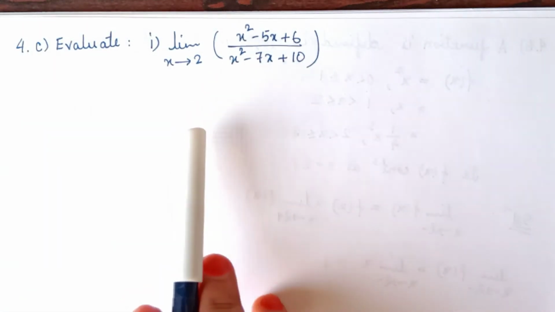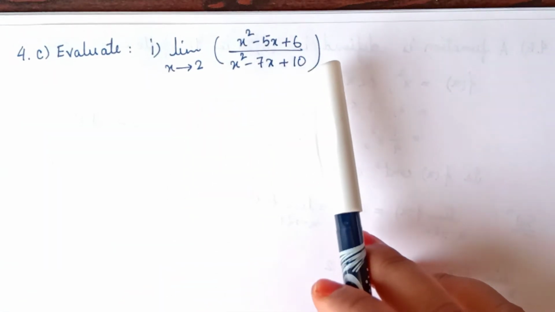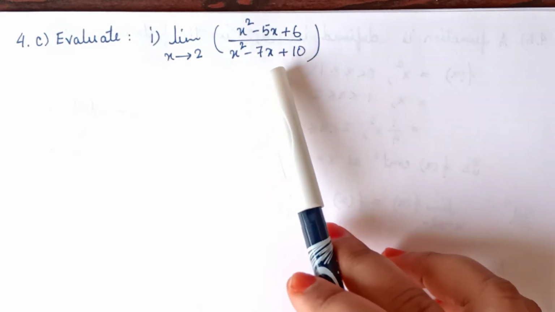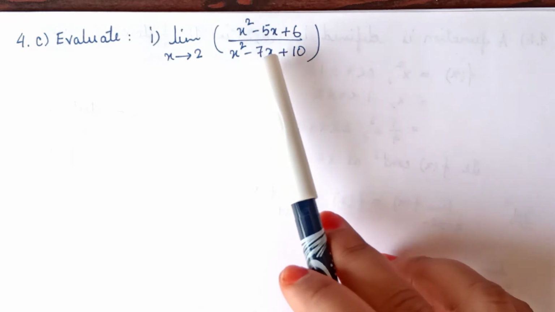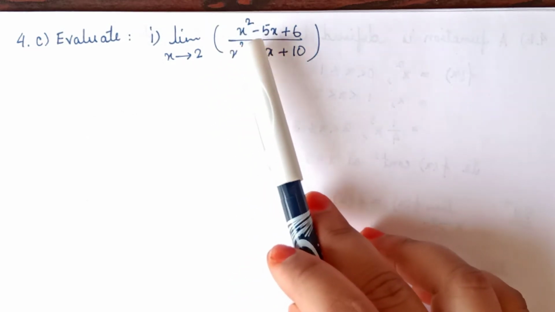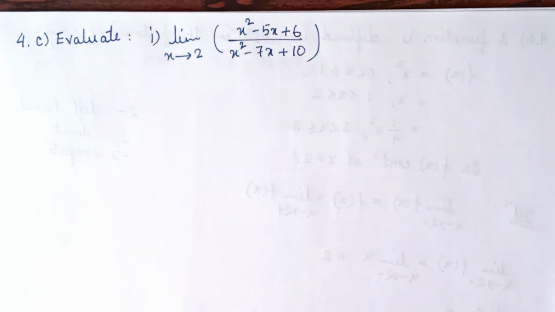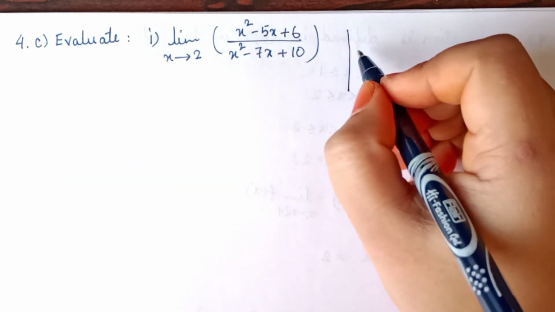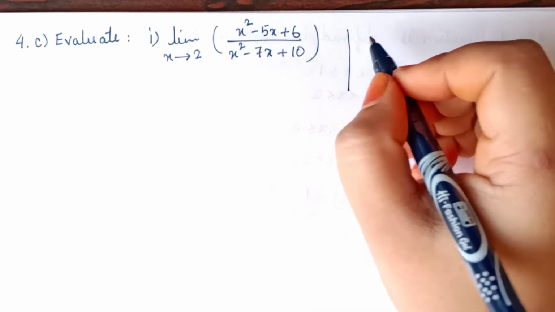Here, limit x tends to 2, and the function is given: x square minus 5x plus 6 divided by x square minus 7x plus 10. Since x tends to 2, we have to substitute x equal to 2 into the given function. Let us first roughly substitute the value and see the final result.